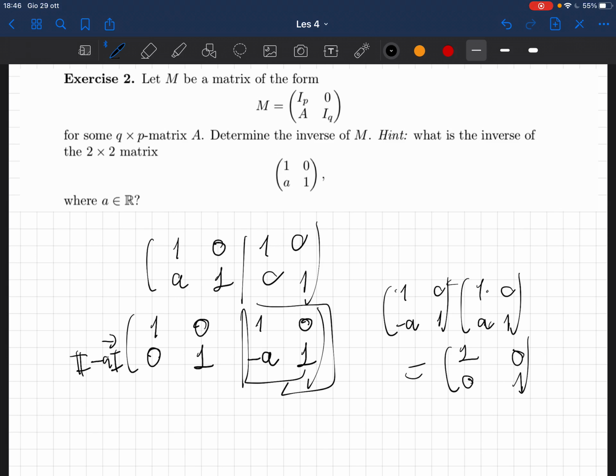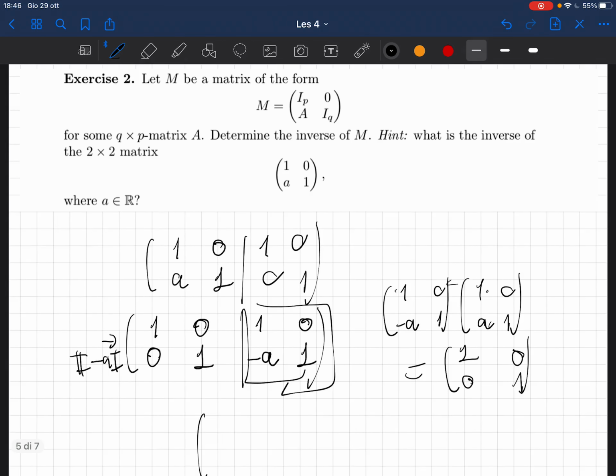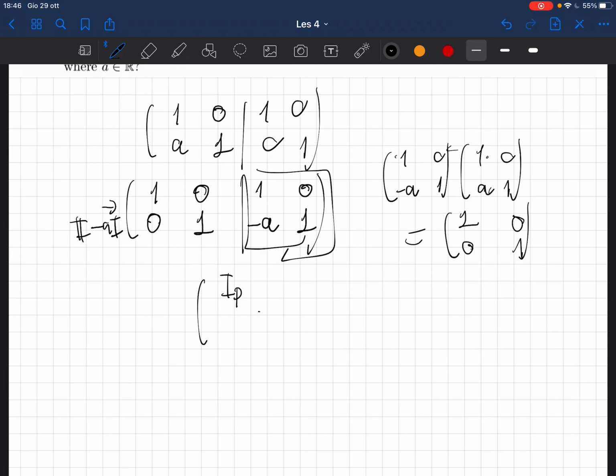So you have this, and if you have a block matrix, you can somehow treat the blocks as if they were numbers to some extent. So you can check that if you take I_p, let me see. You're just mimicking this. Yeah, I think it works. The block multiplication works like matrix multiplication, as we know.